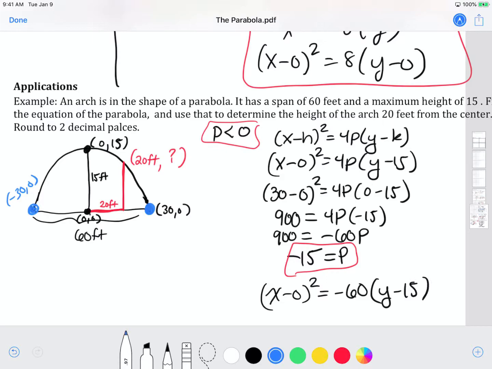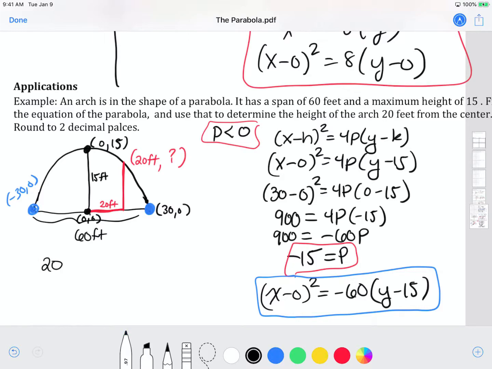So here's the standard form of the equation for the parabola with the given properties. Now, to completely finish this problem, we need to figure out what the height is when you're 20 feet from the center. So we're going to plug in 20 for x and find out what the value of y is.